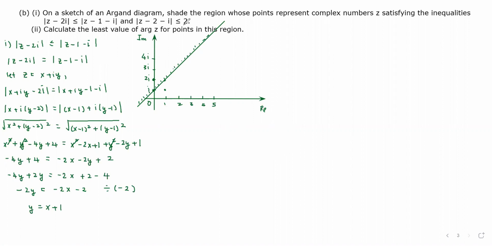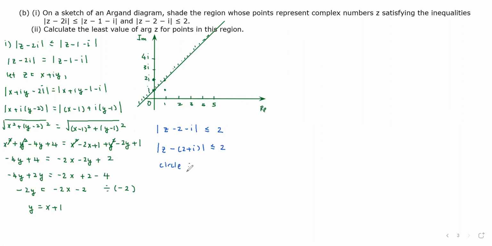The second part of the inequality, the second inequality given to us, is the modulus of z minus 2 minus i less than or equal to 2. We can write this as |z - (2 + i)| less than or equal to 2. We are looking at the region inside the circle.